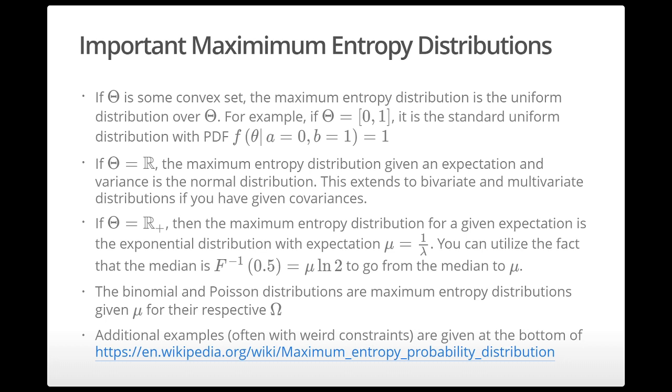Also, finally, if you have a parameter space that's all positive real numbers, the maximum entropy, which is to say, in a manner of speaking, minimum extra information distribution for a given expectation is the exponential distribution with whatever expectation you want to specify.